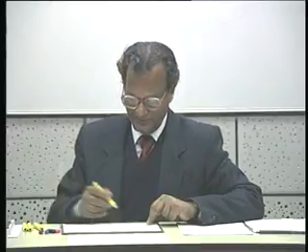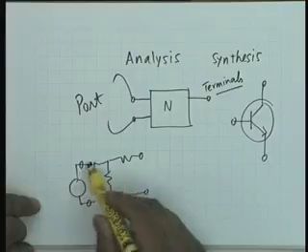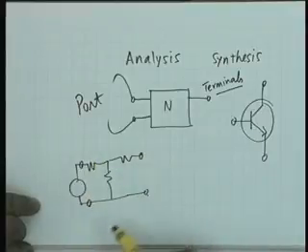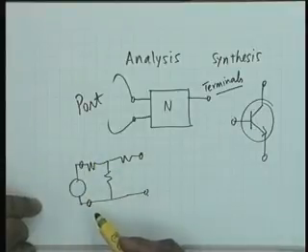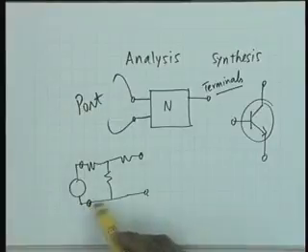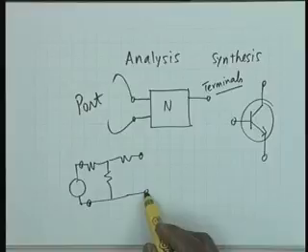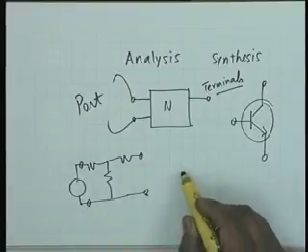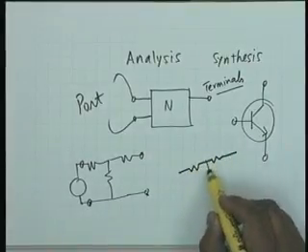For example, this is a 4 terminal network, 1, 2, 3, 4, and if you look at it closely, the potential of this terminal is the same as the potential of this terminal, and therefore it can also be looked upon as a 3 terminal network.